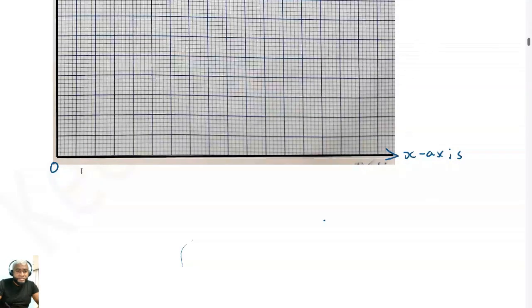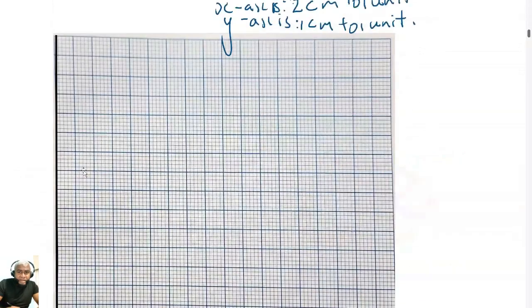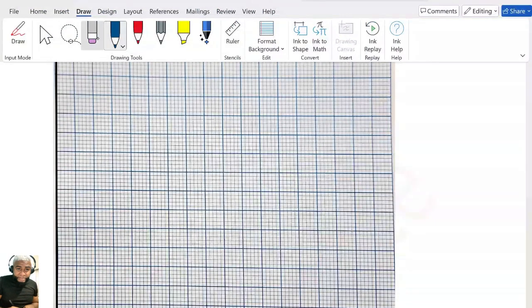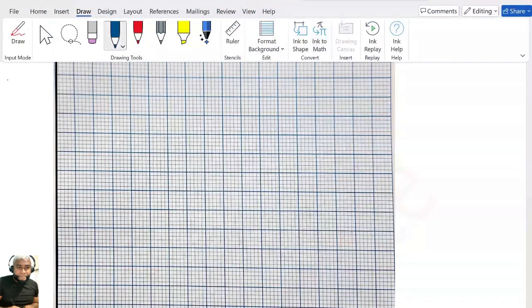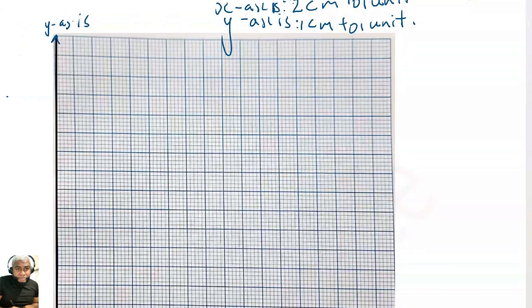Okay, 0 is this point here. And then I want you all to label up here y-axis. We are really struggling with this new writing part, boy. It's so sensitive.